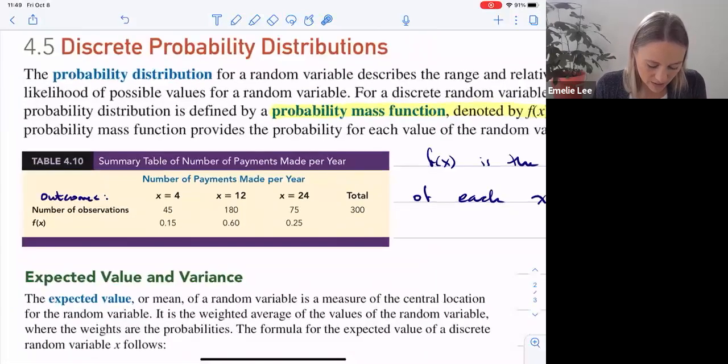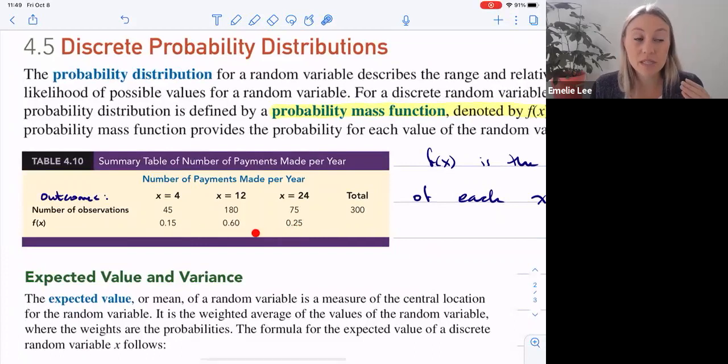So then what we can do, well, you probably had to find the mean of this in another course. Notice that the probabilities aren't the same for each outcome anymore, so we need to find the weighted mean. And there's a structure for doing that.